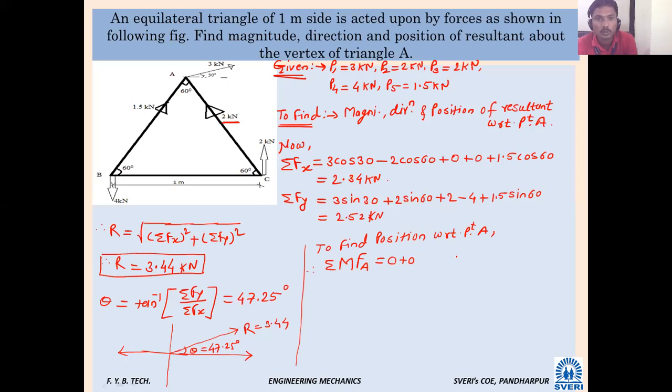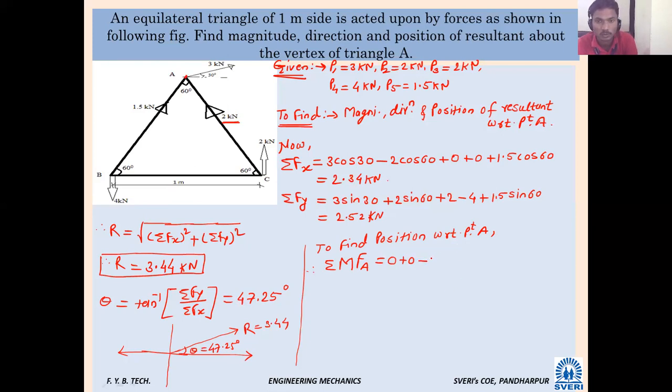Third force is 2 kilonewton vertical. If point A is fixed, the 2 kilonewton force is applied at point C. So what will be the moment? Clockwise or anti-clockwise? Anti-clockwise, which means it is minus.